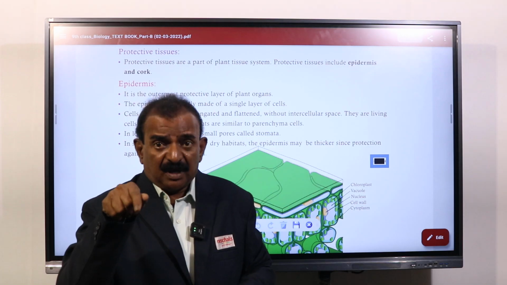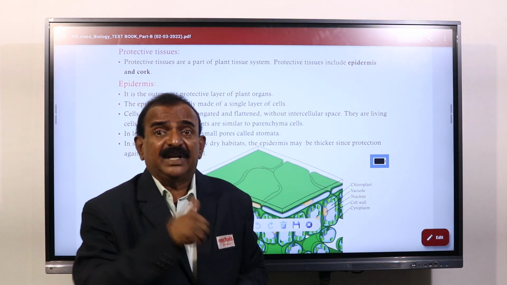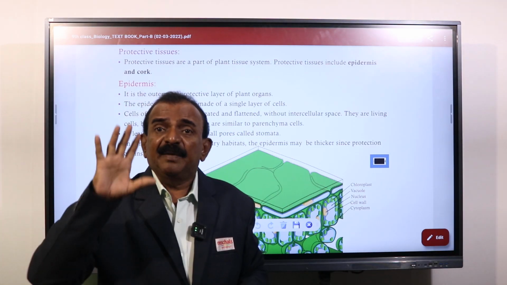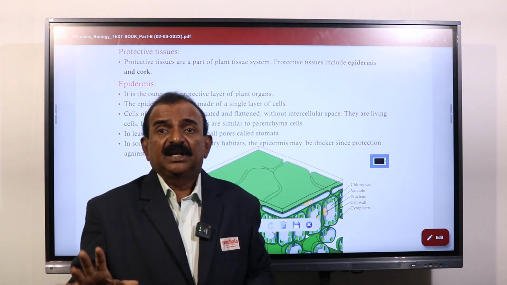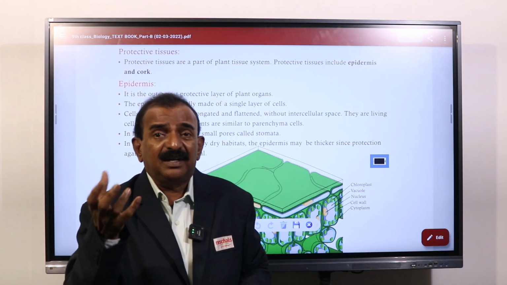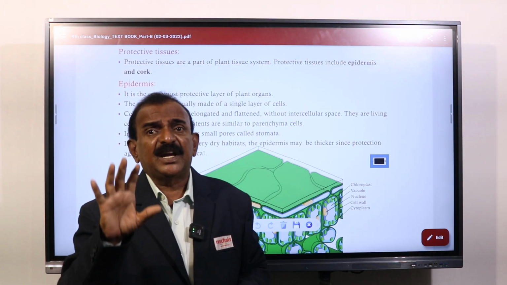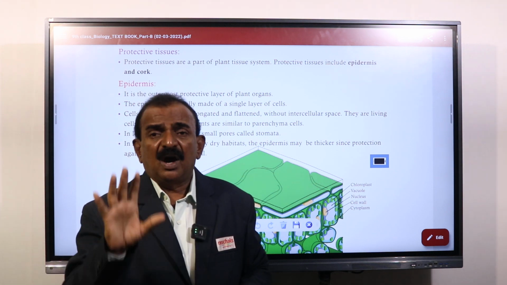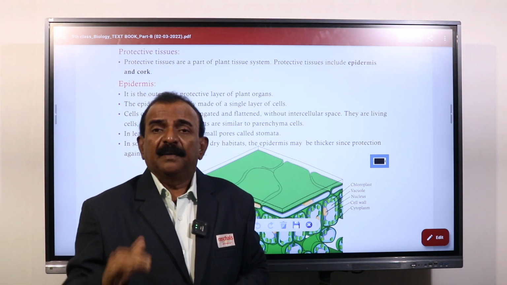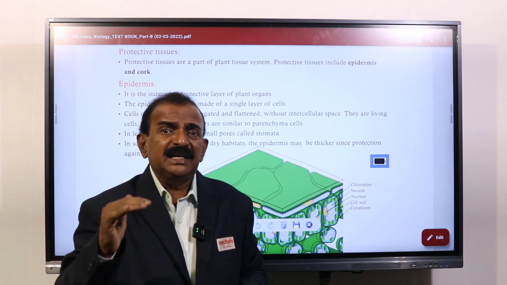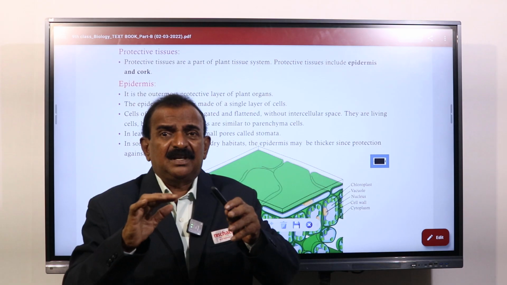Children, you need to understand that epidermal cells are not dead cells, epidermal cells are living cells, and they consist of the content that is present in parenchyma tissues. So they consist of cytoplasm and also all other cell contents, but these cells are elongated, flat, and intercellular spaces are completely absent.